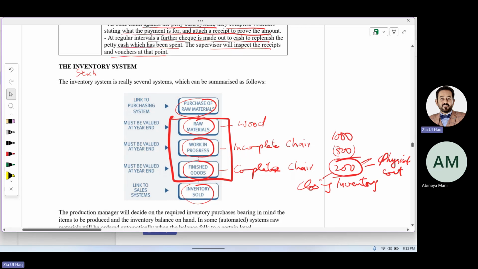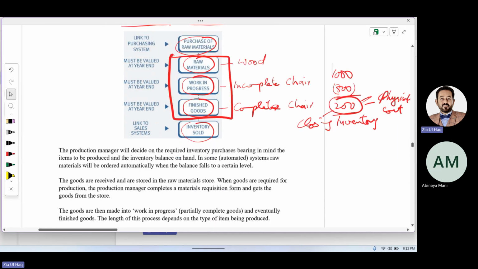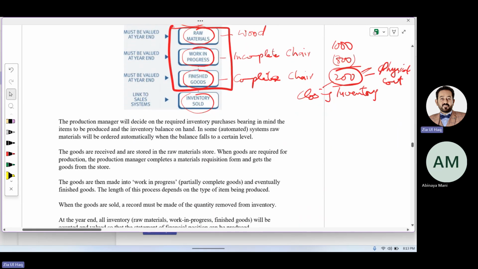So the inventory system is really several systems which can be summarized as follows. The production manager will decide on the required inventory purchase, bearing in mind the items to be produced and the inventory balance on hand. This means the purchase of raw material, incomplete items, and complete items will all be part of inventory. In some automated systems, raw material will be ordered automatically when the balance falls to a certain level.